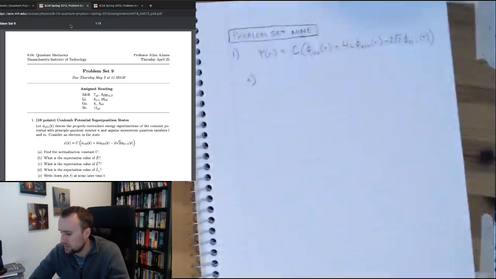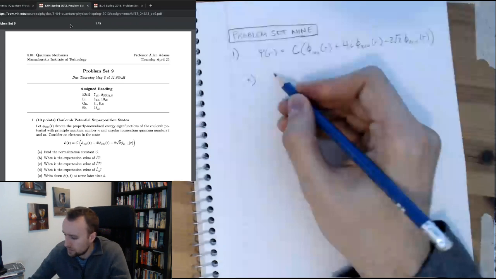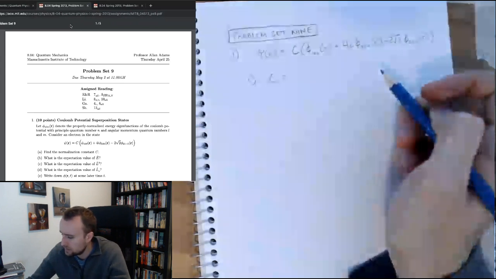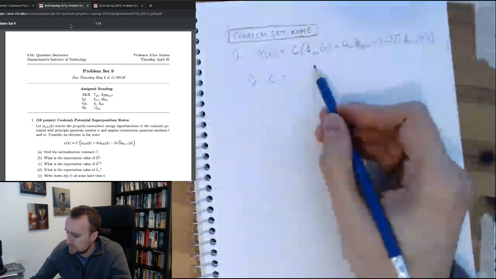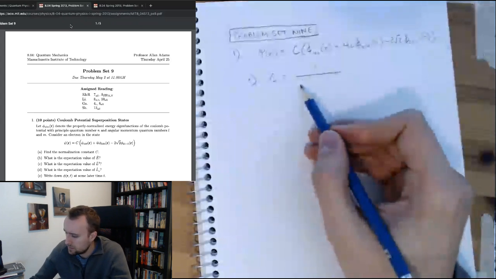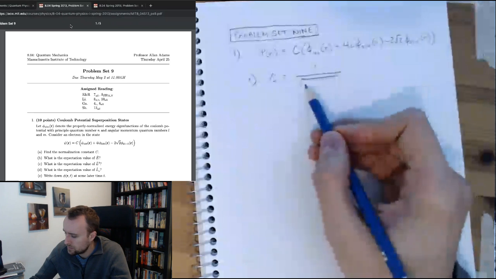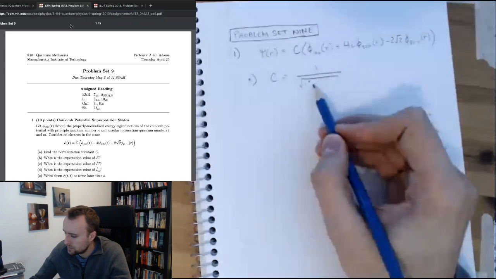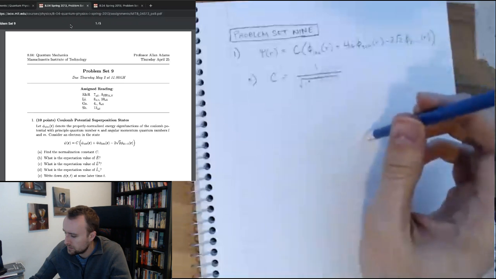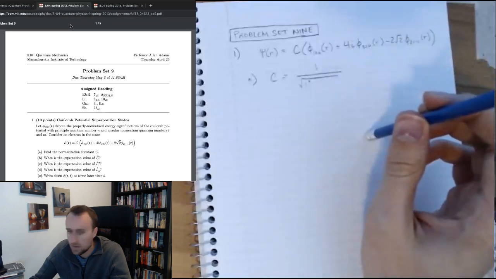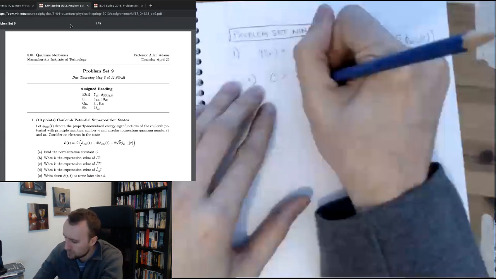So for C, we need to get this all normalized. So C is going to be what? 1 over root, 1 squared. Maybe not 1 squared. What am I looking at here?